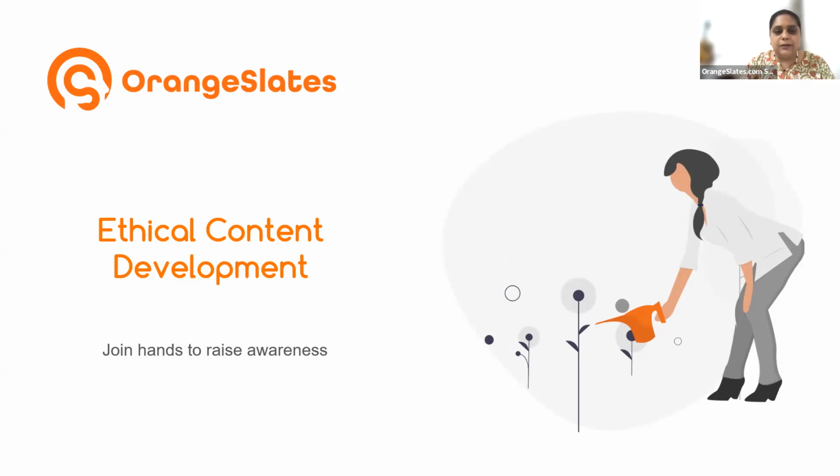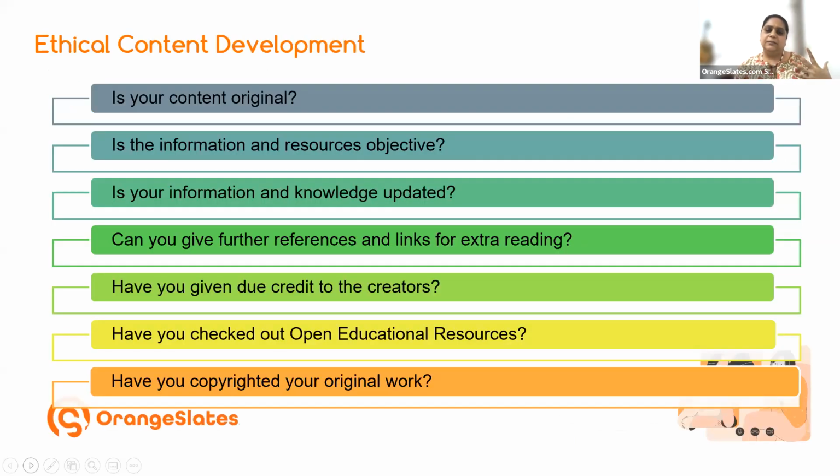So, what is ethical content development? There are a series of answers to this question, and my whole presentation will take you through those answers. For example, if you're creating your content, is it original?